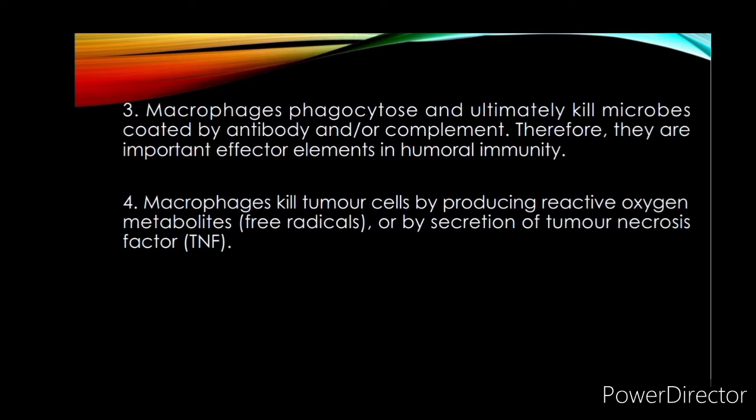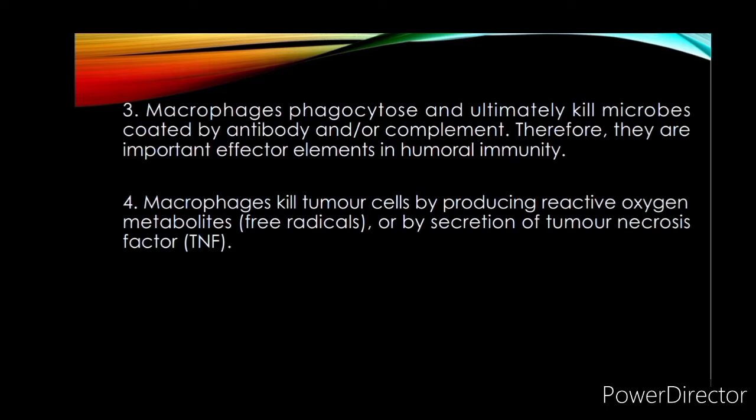So therefore, they are important effector elements in humoral immunity. And last is macrophages kill tumor cells by producing reactive oxygen metabolites, or free radicals, or by secretion of tumor necrosis factor, or the TNF.